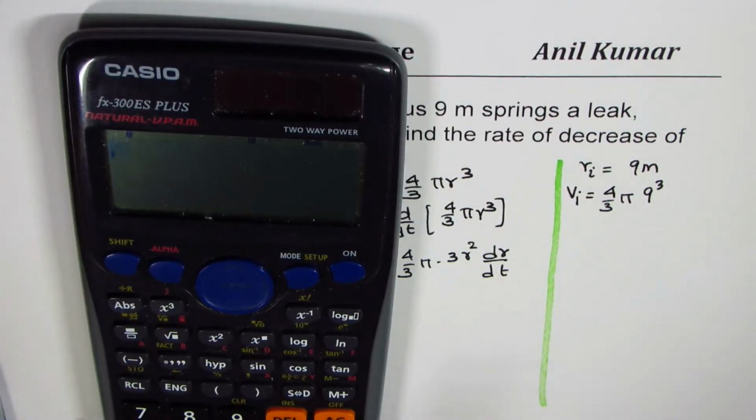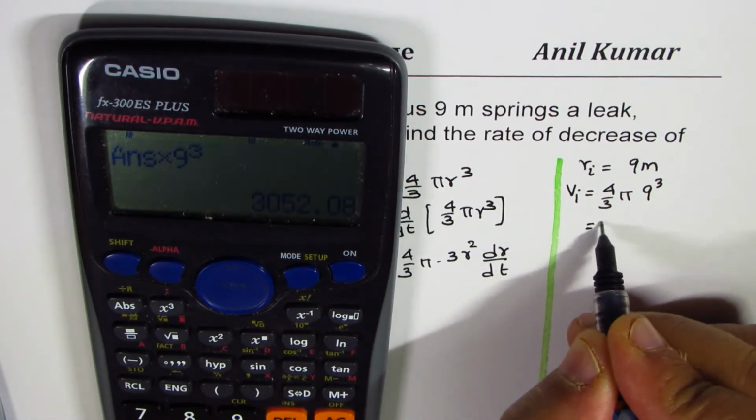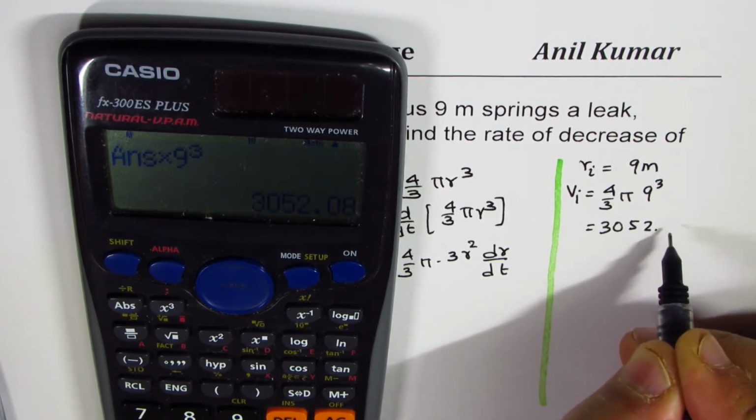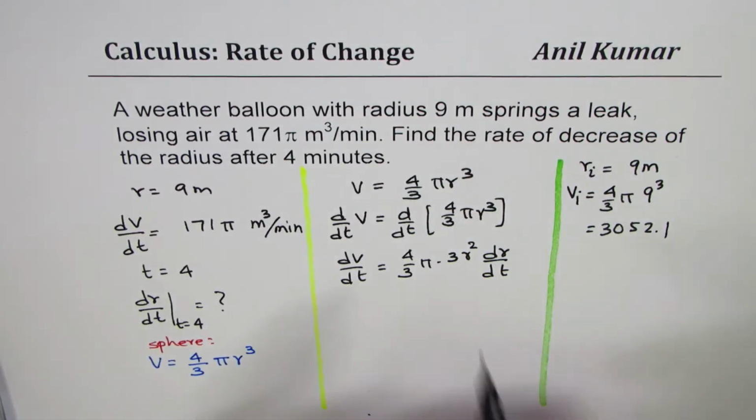So we do 4 divided by 3 times pi, 3.14, and then times 9 cube. So we get a figure. Let's write in decimals. So this figure is 3052.1. Okay, so that's the volume to start with.